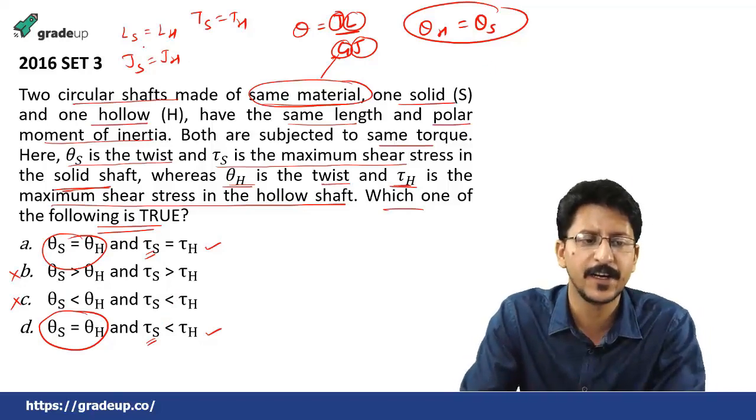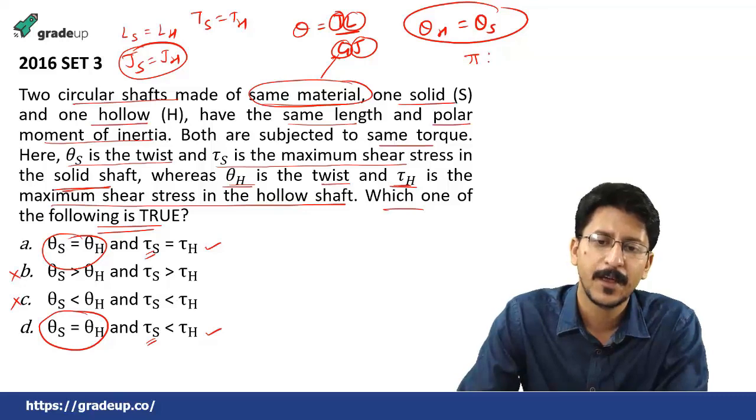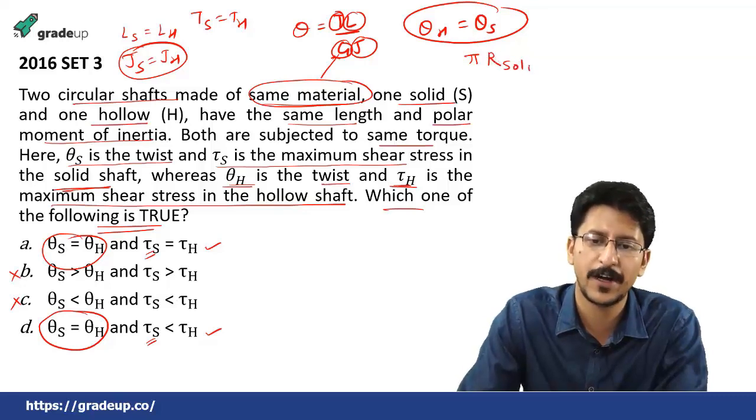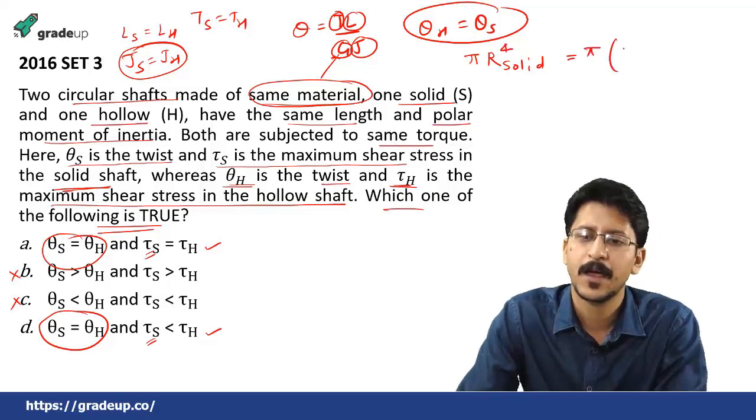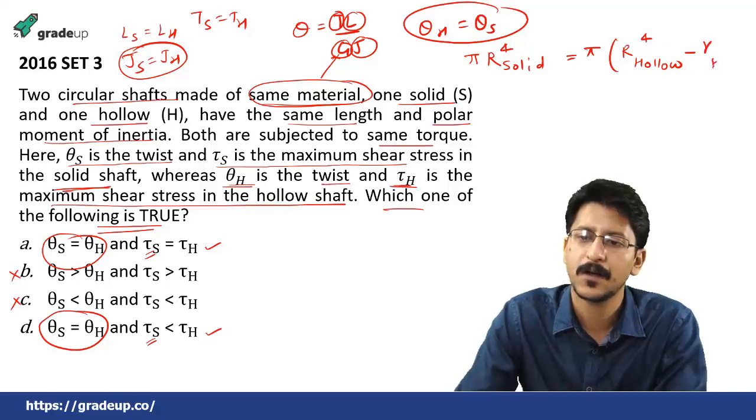First of all, the given condition is that the polar moment of inertia J is the same. The polar moment of inertia is given by pi R solid to the power 4, and this will be pi times R hollow to the power 4 minus r hollow to the power 4.